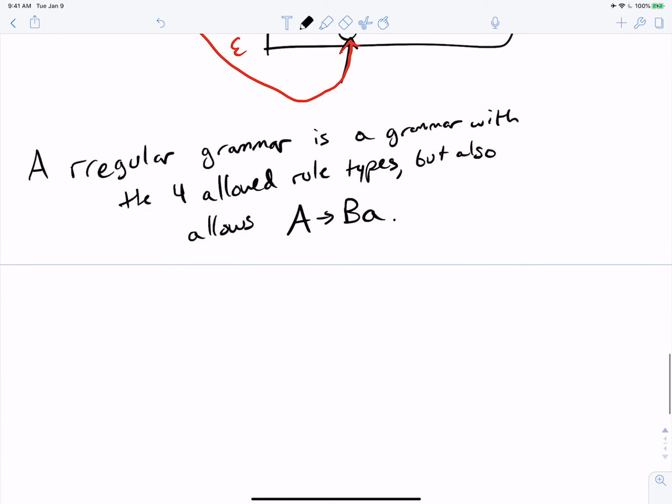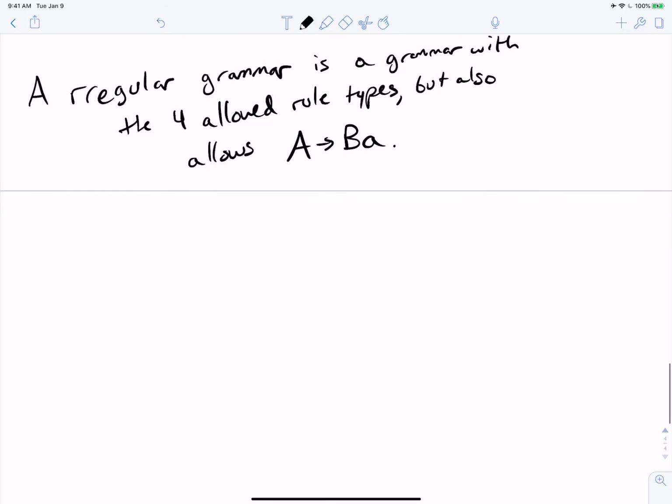What is our currently favorite non-regular language? 0 to the n, 1 to the n. That's the target language you may want to try.